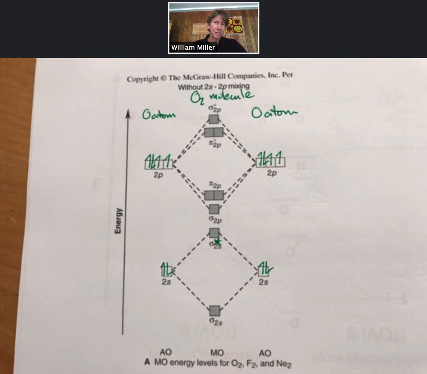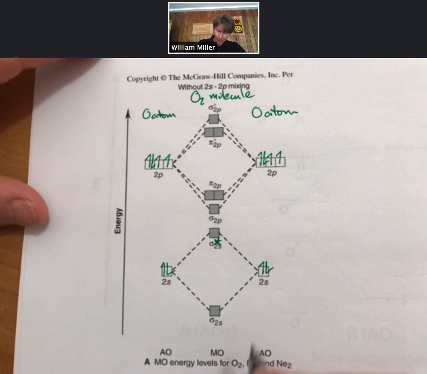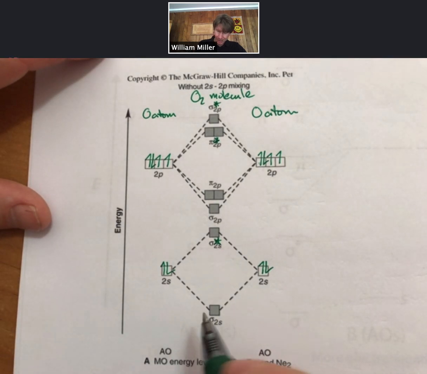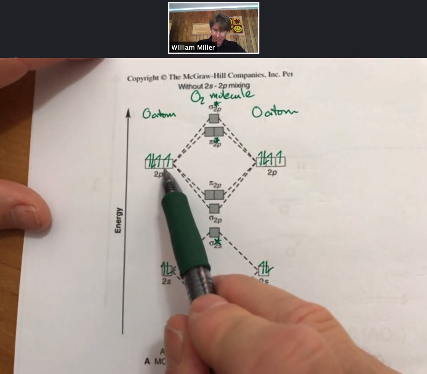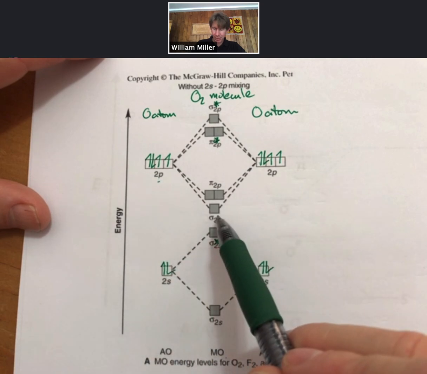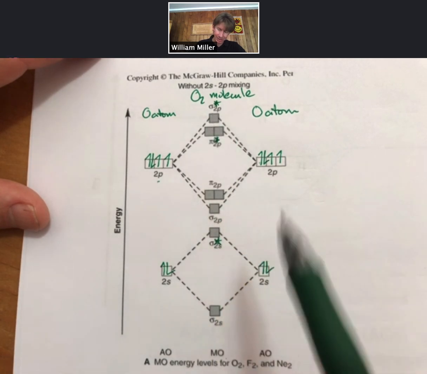You can tell the bonding molecular orbitals because they're lower in energy than the atomic orbitals. Furthermore, here are our anti-bonding ones up here. And you can see that of the 6 2p orbitals, 3 of them are bonding, 3 of them are anti-bonding.